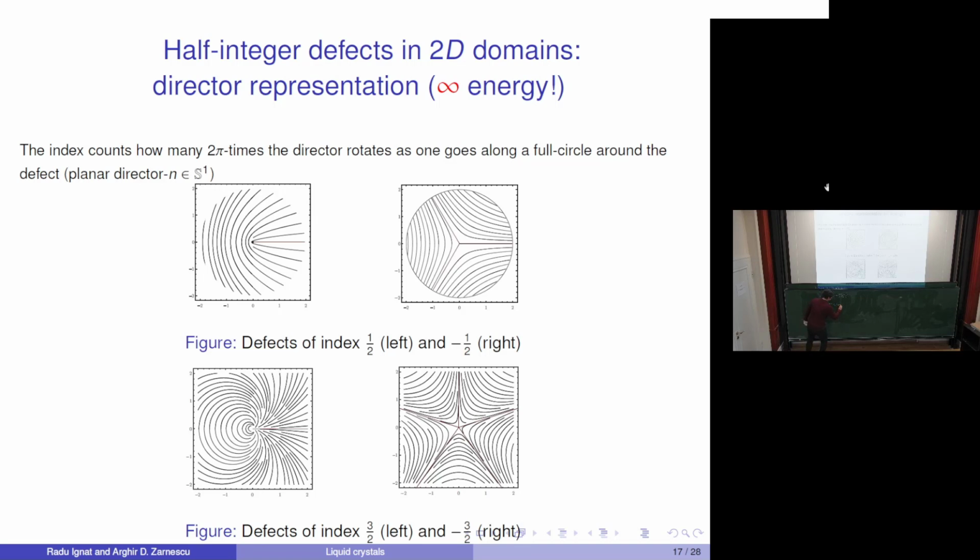In this case, this is also called a winding number, and in some sense this is the most intuitive thing, because you can represent these in a drawing like this. This number tells you how many times this field rotates when you go around the circle.